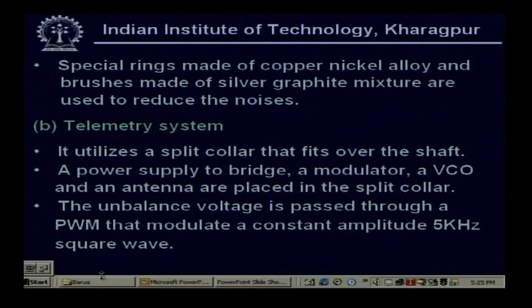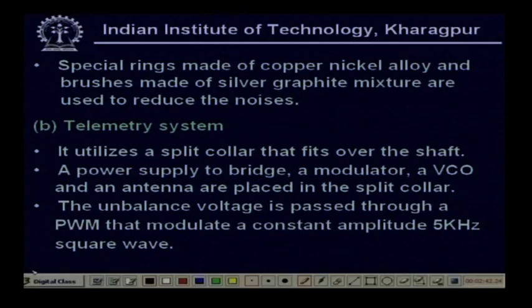So, it utilizes the split coils which I was discussing, and the amplitude of the unbalanced voltage is passed through a PWM that modulates a constant amplitude 5 kilohertz square wave. So, the basic square wave is 5 kilohertz. What does that mean?